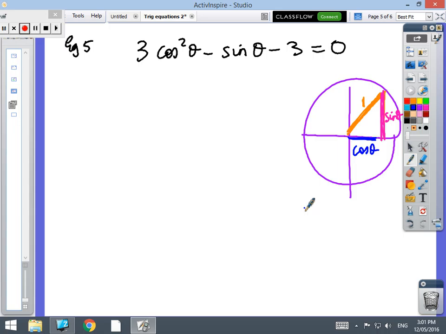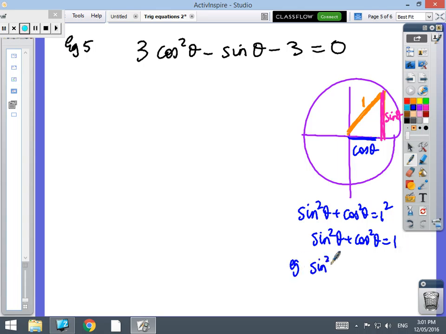Using Pythagoras' theorem, sine squared theta plus cos squared theta equals 1 squared, so sine squared theta plus cos squared theta equals 1. You can test it out. If you put sine squared 30 plus cos squared 30, you get 1. Or if you have sine squared 87 plus cos squared 87, you get 1.